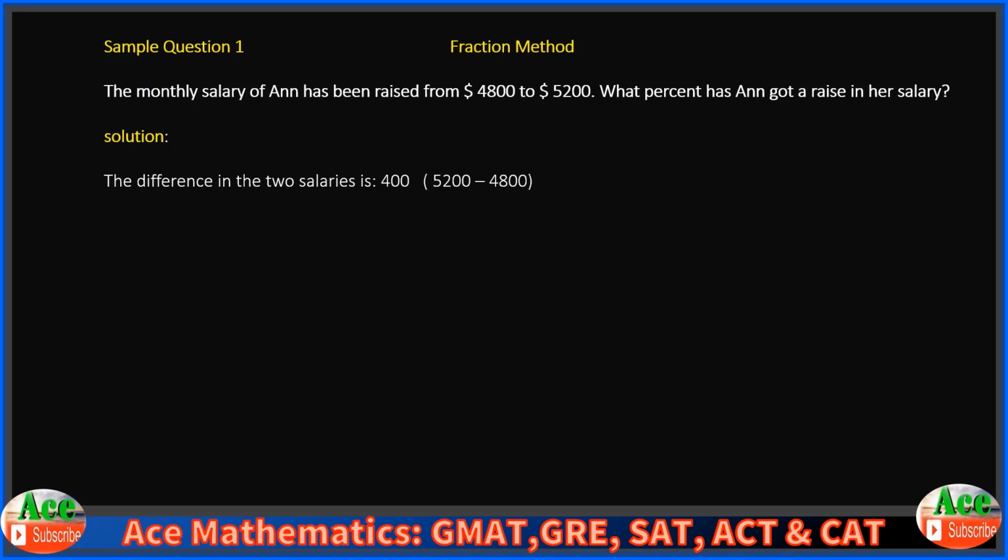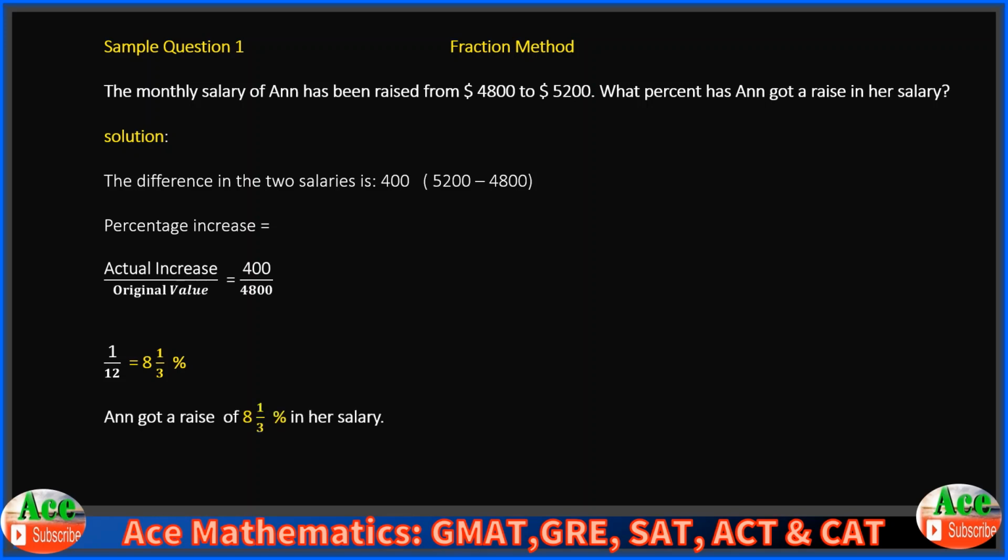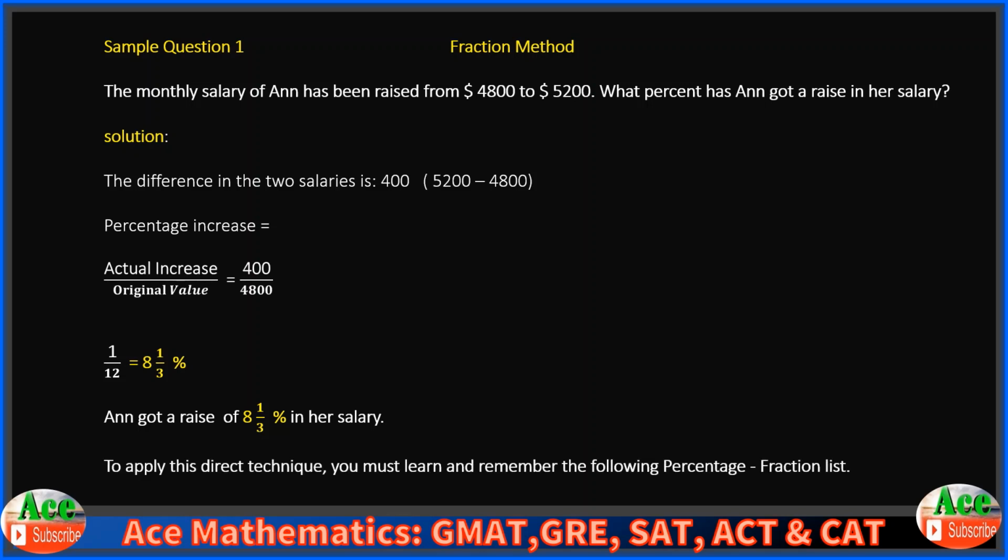Percentage increase is equal to 400 upon 4800, which gives the fraction 1/12. The percentage value of the fraction 1/12 is equal to 8 1/3%. Thus, Anne got a raise of 8 1/3% in her salary.